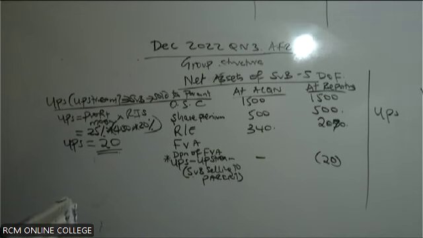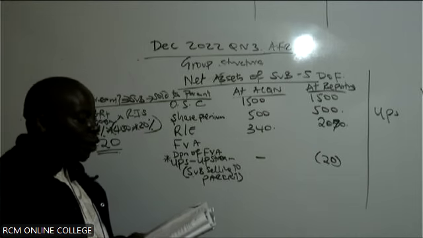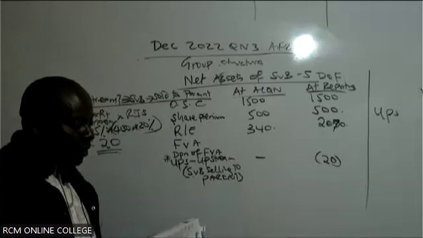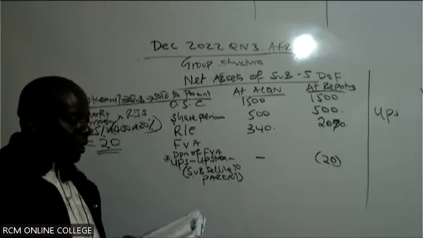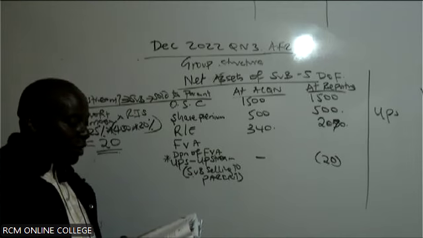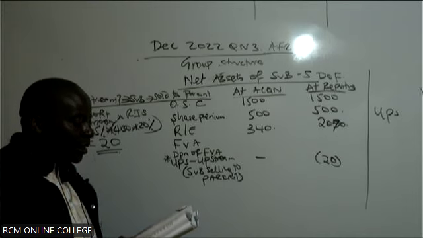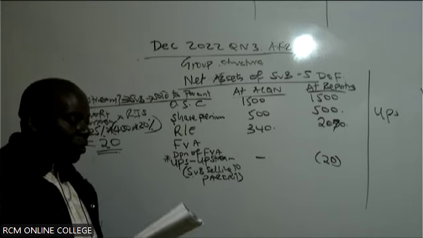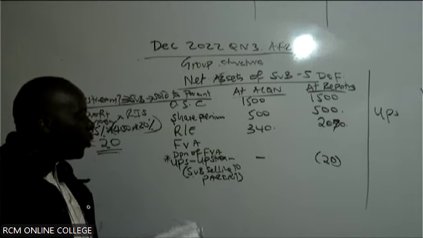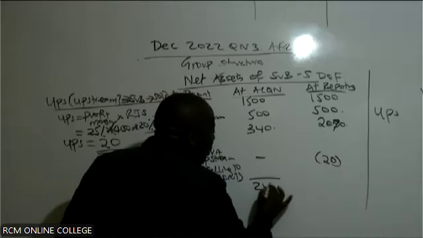All right. Now, ladies and gentlemen, let's read this question very well. Roman 1. We are told H Limited acquired an 80% ordinary shareholding in S Limited on 1st November 2019, when the retained earnings of S Limited stood at 340. The acquisition consideration comprised 1830 million. The fair values of the identifiable net assets of S Limited at acquisition date were 2440.